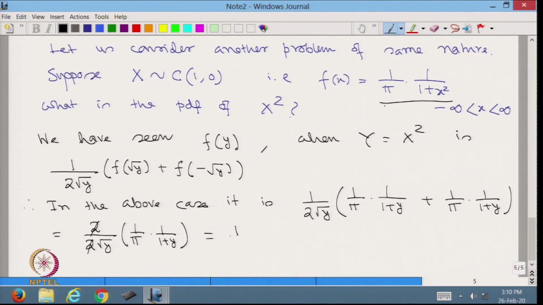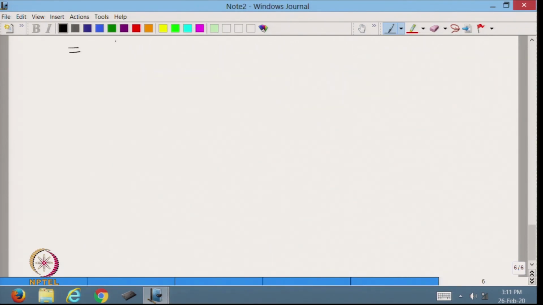Therefore, we get 1 over pi into y to the power half minus 1, we transfer it like that, upon 1 plus y, is equal to 1 upon pi y to the power half minus 1 upon 1 plus y whole to the power half plus half. So, this part looks like the beta 2 distribution.